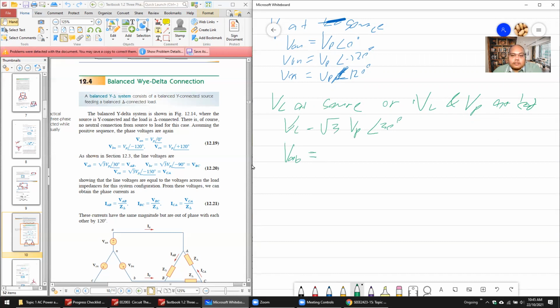Okay, so square root 3 VP angle 0 plus 30 degrees, you get square root 3 VP angle 0 plus 30 degrees. Then VBC is equal to square root 3 VP angle negative 120 plus 30.